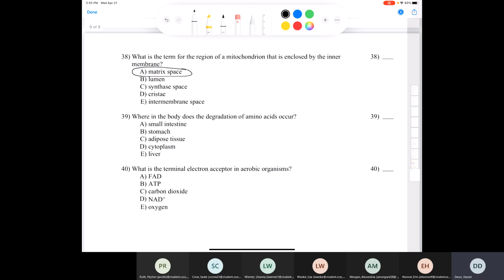It's the matrix space. If we draw the shape of a mitochondrion, it's like a football shape, okay? So it's a football-shaped organelle, and then you have these kind of folds, and you'll have to bear with my artistry here, but you have these kind of folds here that we call the cristae, like that, okay? So here's my mitochondrion. Here we have the outer membrane.